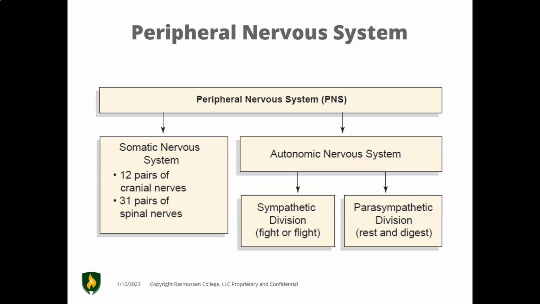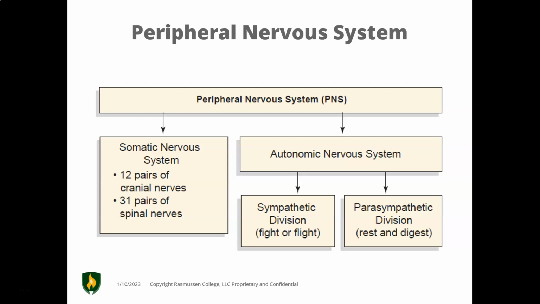But this makes up the somatic nervous system. The somatic nervous system has motor impulses that transmit to muscles under conscious control and belong to that somatic. Somatic means voluntary. We control that.